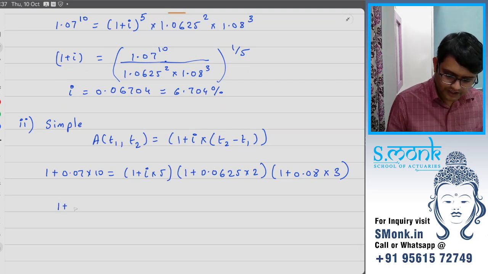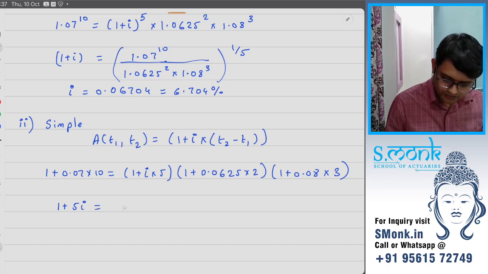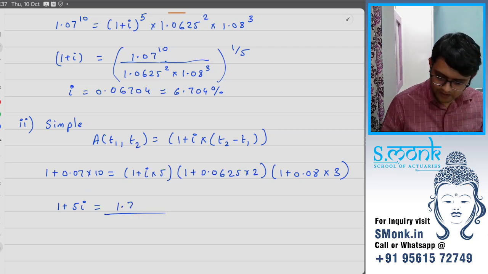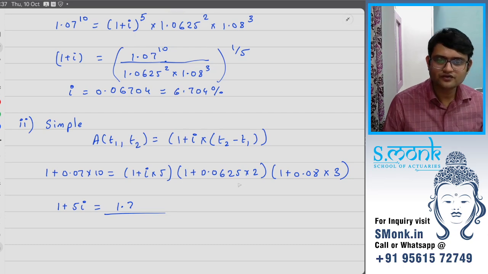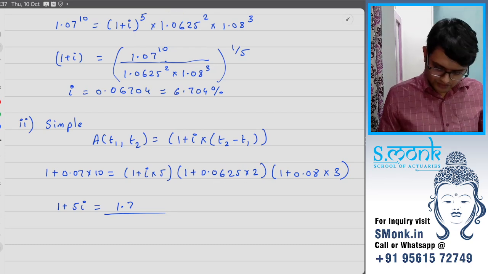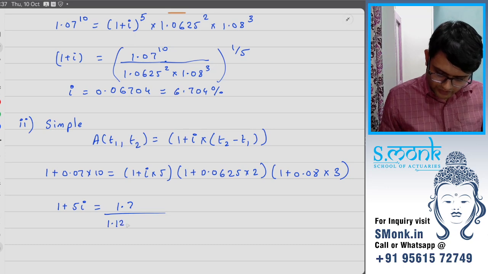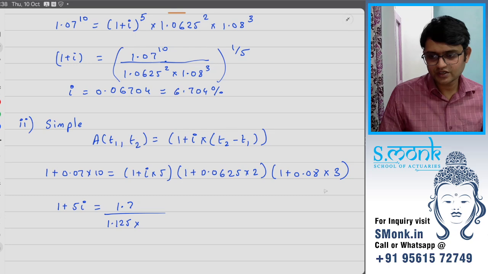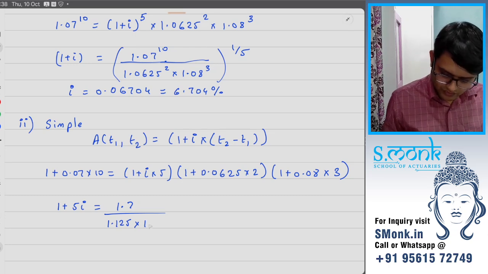So then 1 plus 5i will be equal to 1.7 divided by 1.625, and 1.125 times 1.24.